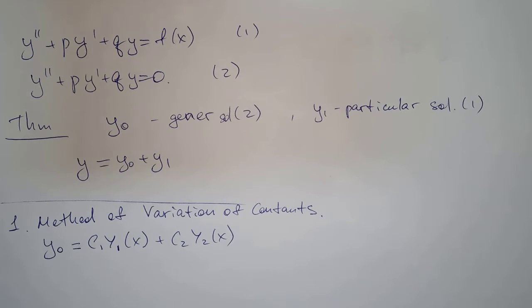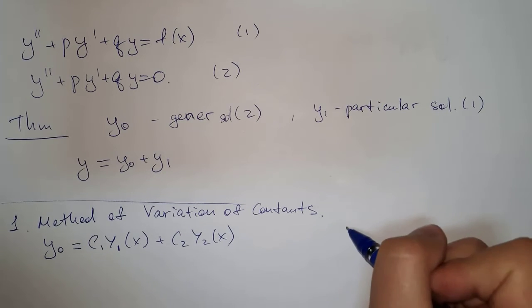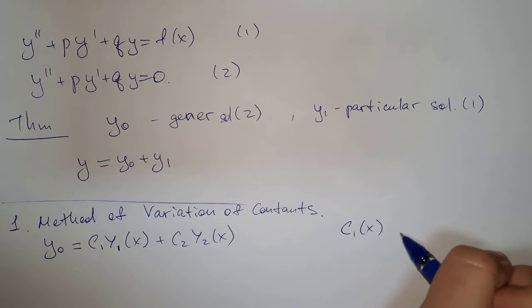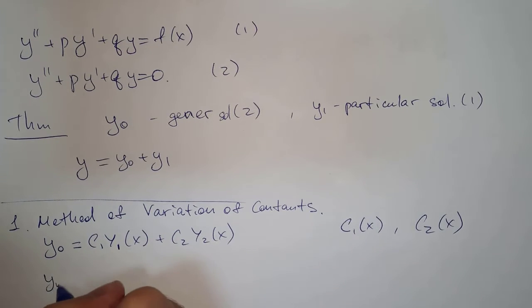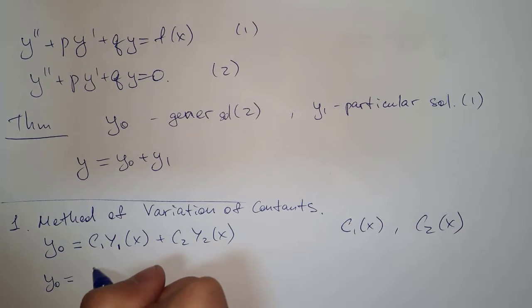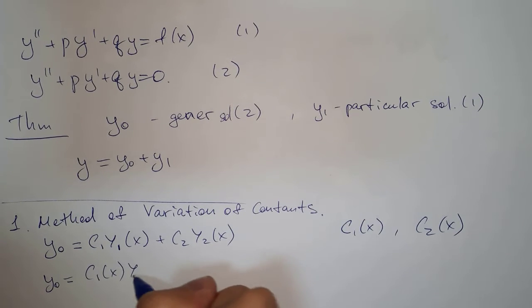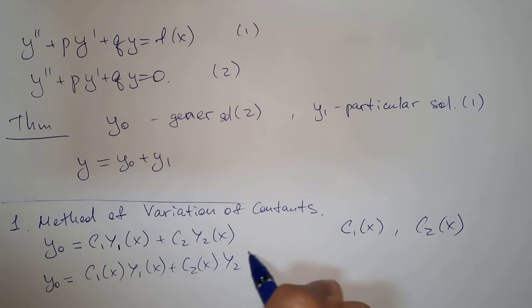Here, instead of constants c1 and c2, we consider arbitrary functions, c1 of x and c2 of x, and we'll find these functions such that the solution is c1 of x y1 of x plus c2 of x y2 of x.